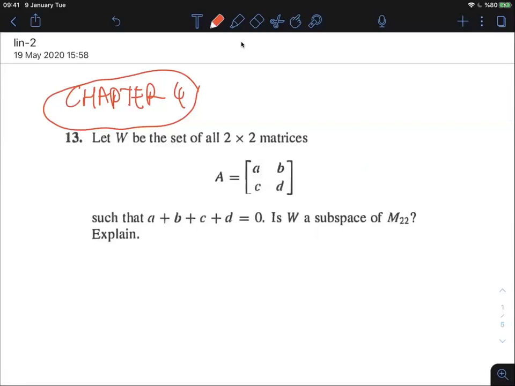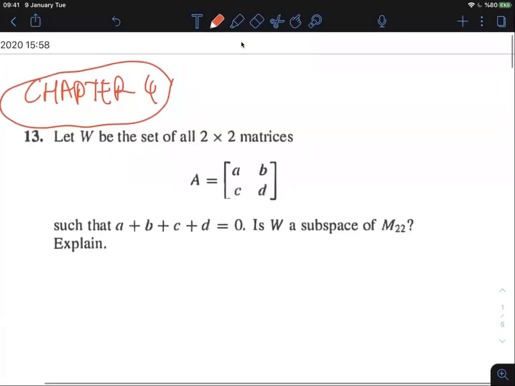The first one is, we want the sum of any two elements in that subset to remain in that subset. Okay, that's the first condition. And the second condition was the scalar product of a vector with any scalar still lies in that set. Okay, those are the two conditions.